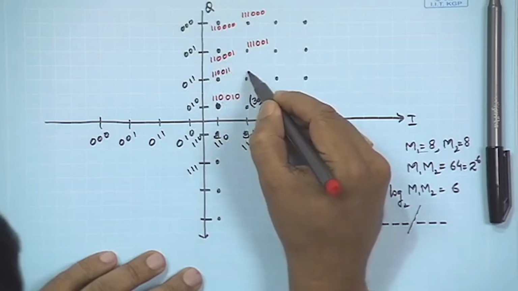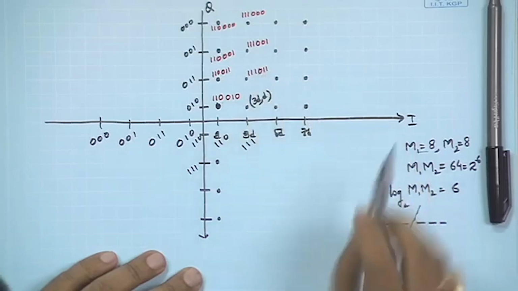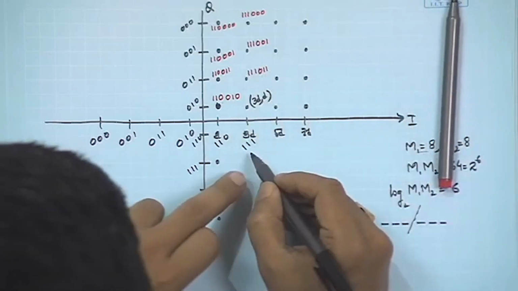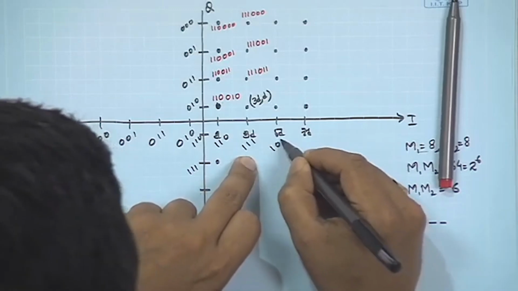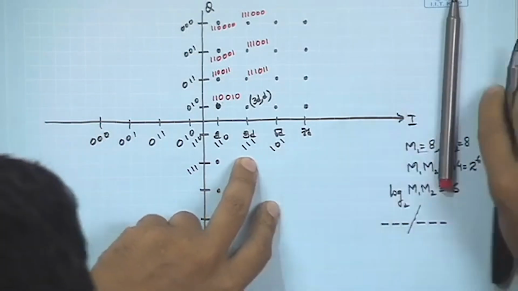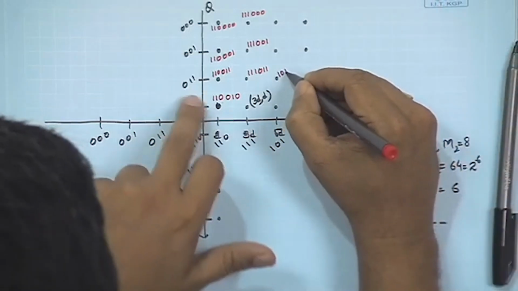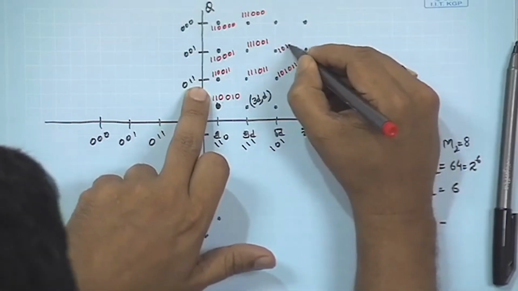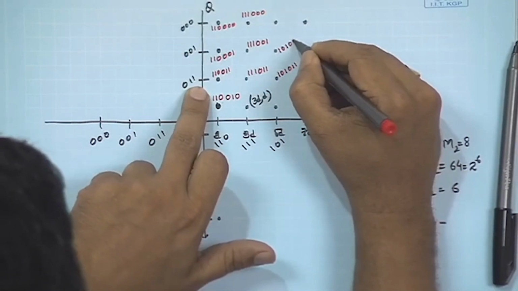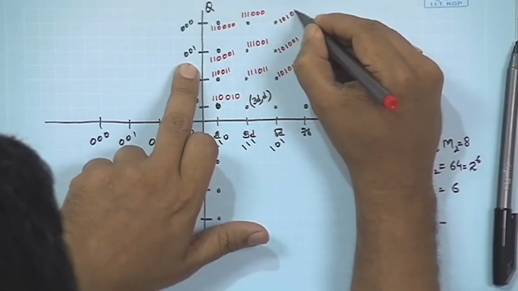This one would be 111 followed by 011, and then we could map this to 101 and so on. So, if it is 101, we could map this as 101 followed by 011, 101001.